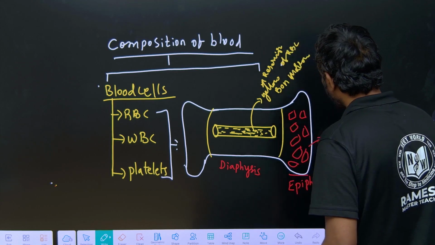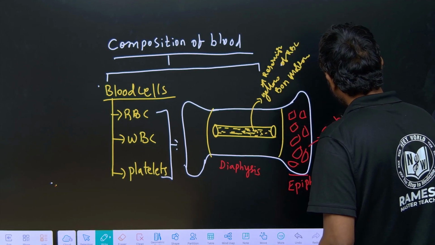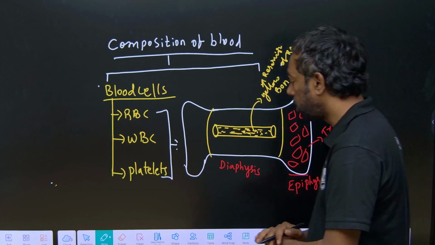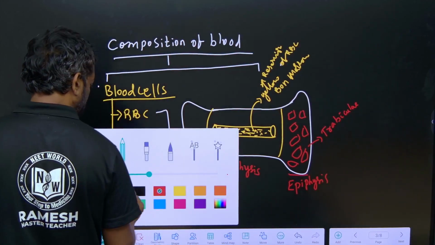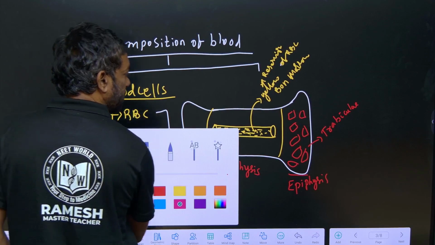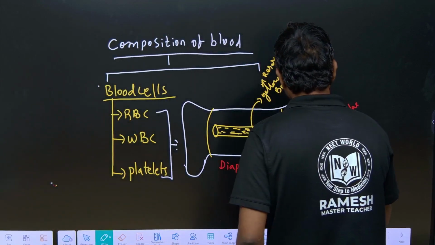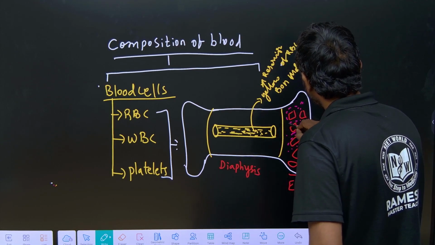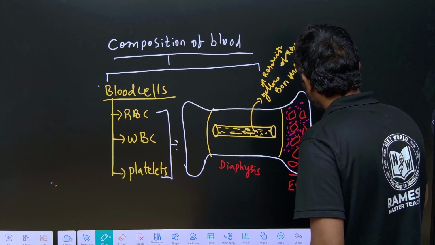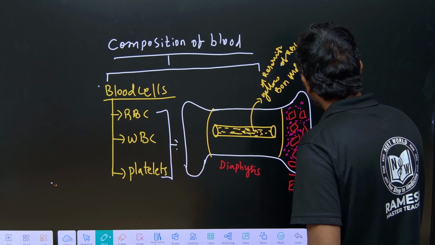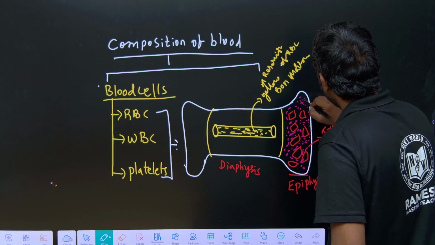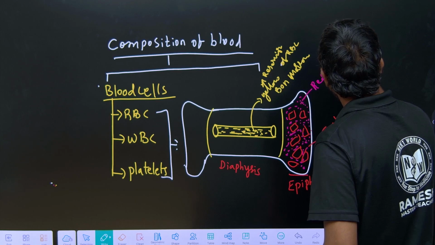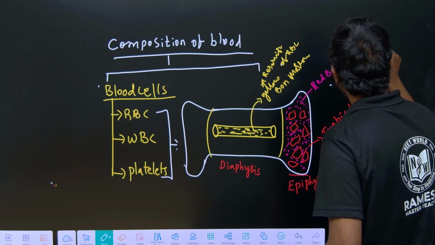In the epiphysis part, there are fragment pieces, which we can call trabeculae. Between these pieces there is a space, the matrix, and the matrix has red bone marrow.